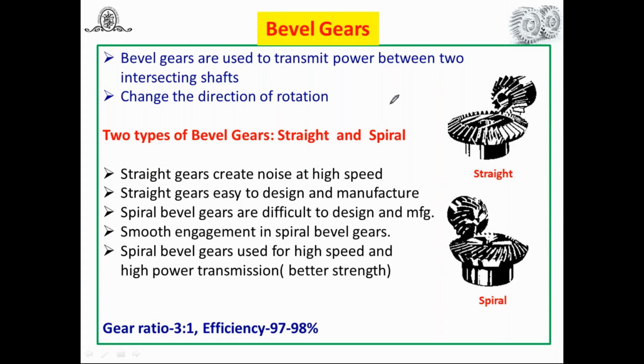Again, in some cases, bevel gears are used only to transmit power at 90 degrees without any speed reduction. Without any speed reduction means the size of the pinion and the size of the gear are the same, that means the pitch circle diameter of the pinion and of the gear are the same. Just to transmit power at 90 degrees, bevel gears are used.